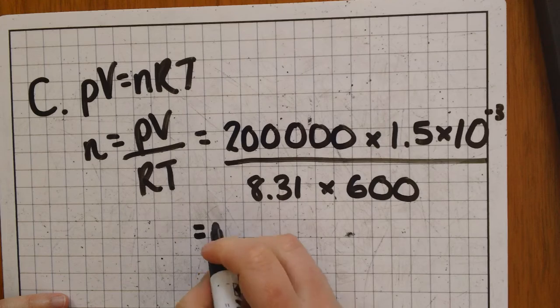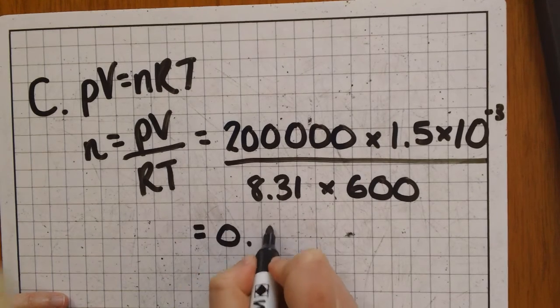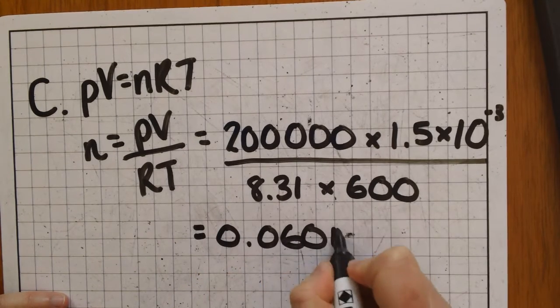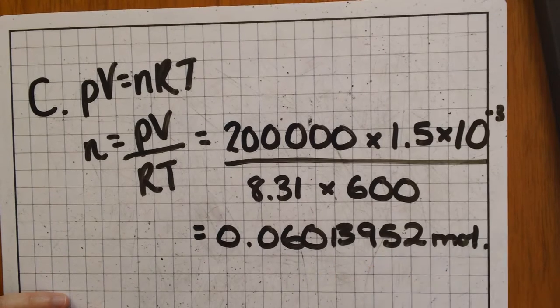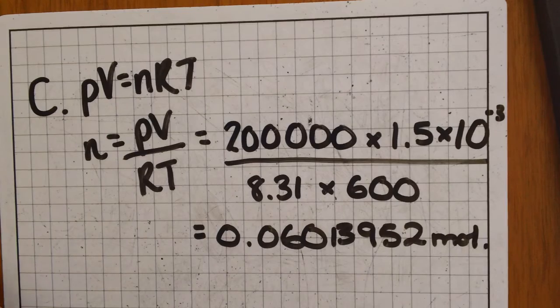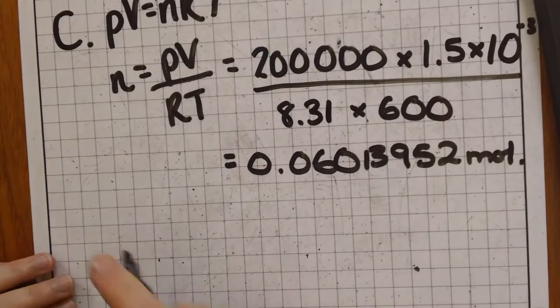And when we type that all into a calculator, we get an answer of that. And that number is bigger than our answer to B at this moment in time.